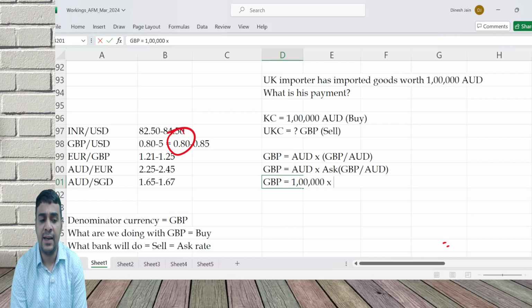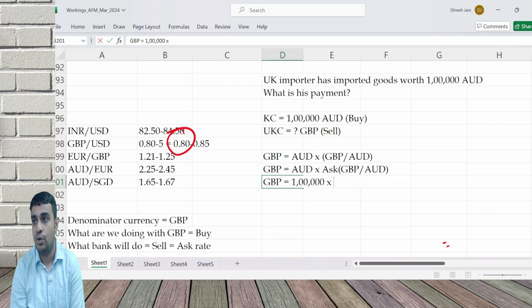Which is the connecting currency for GBP? If you use USD, you will move forward and go to INR. If you look at the quote, GBP per USD, then you'll use USD per INR and it will put a stop there. You cannot move forward.